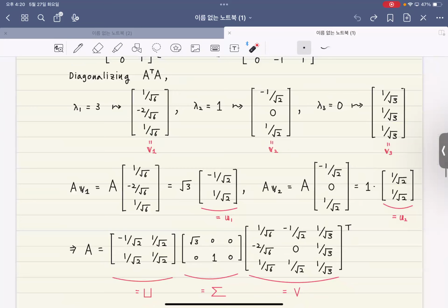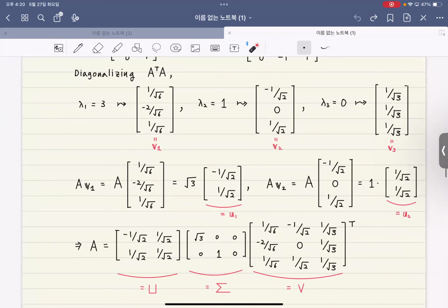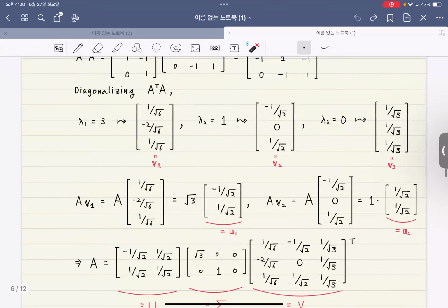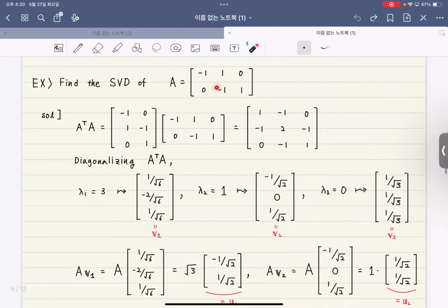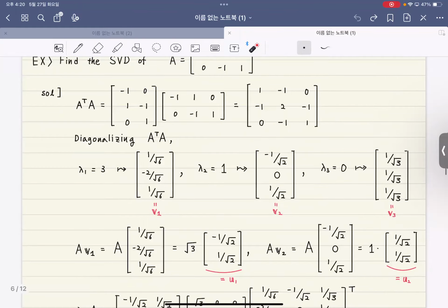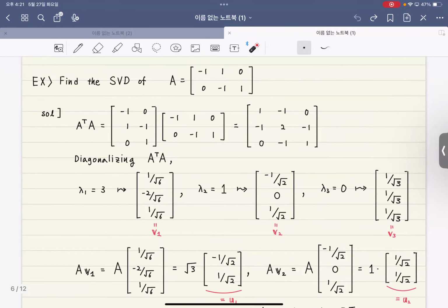And for this exercise, I do not need to diagonalize the matrix AA transpose. Why is that? Because the rank of this matrix was 2. Therefore, the dimension of the column space is also 2. So the column space of this matrix A actually spans the entire codomain of this linear transformation. Right?